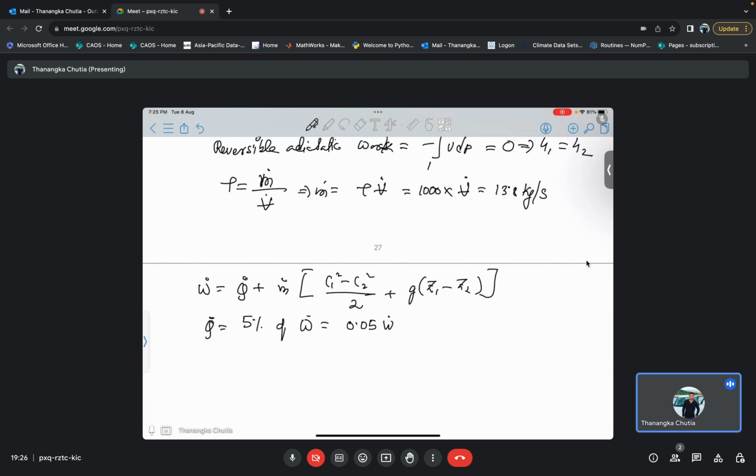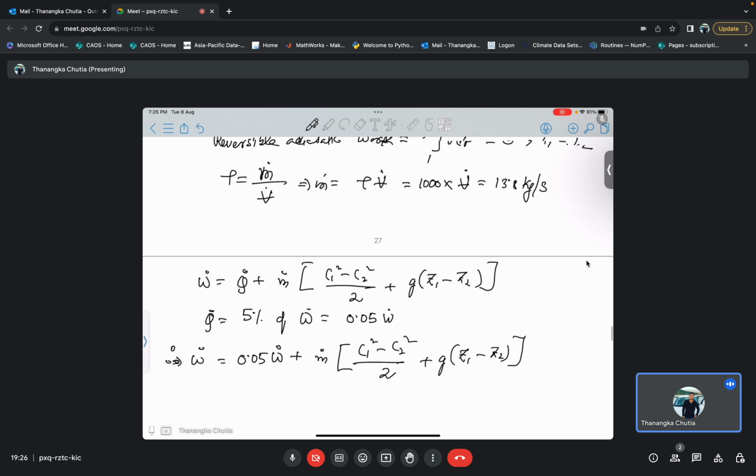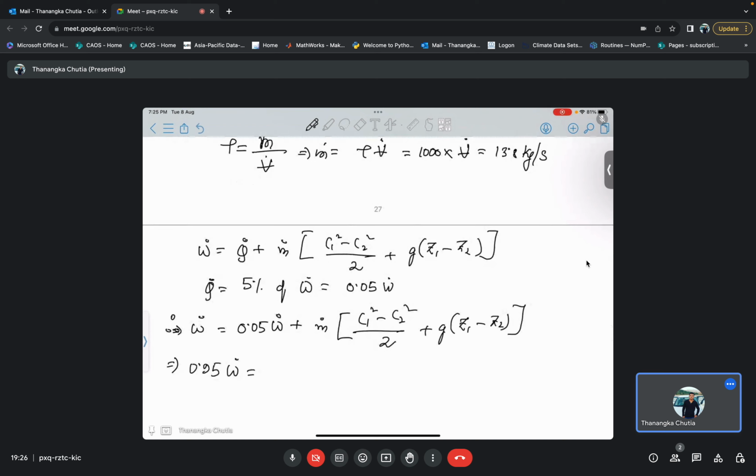So what I can write is, W dot is equal to 0.05 times W dot plus M dot times (C1 squared minus C2 squared)/2 plus g times (Z1 minus Z2). Okay, so from here I can write 0.95 W dot is equal to M dot times (C1 squared minus C2 squared)/2 plus g times (Z1 minus Z2).